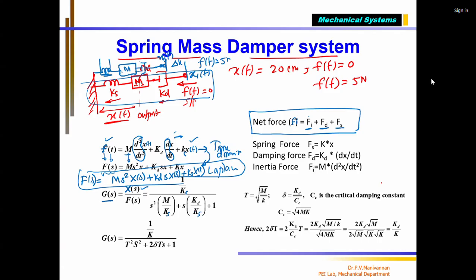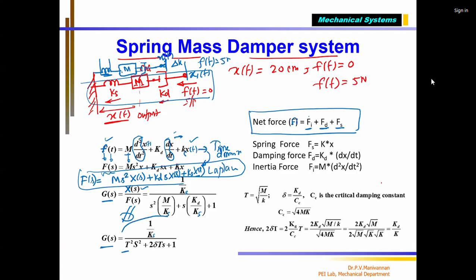Mass divided by spring stiffness multiplied by s square is the first term of the denominator. The second term is s into kd, the damping constant, divided by stiffness, plus 1. In the numerator, 1 divided by ks. So now this equation can finally be written as G of s equal to 1 by ks in the numerator, with m by ks written as T square.